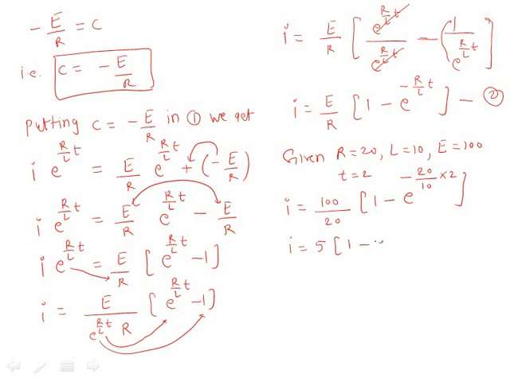Now we can see if we divide 100 by 20 it becomes 5. Here also we will do the calculations. If we solve this complete power term, it becomes minus 4. You can see if I cancel this 0 and this 0 and multiply 2 into 2 is 4, so it becomes e raised to minus 4. In the next step we will use the scientific calculator to get the value of e raised to minus 4.